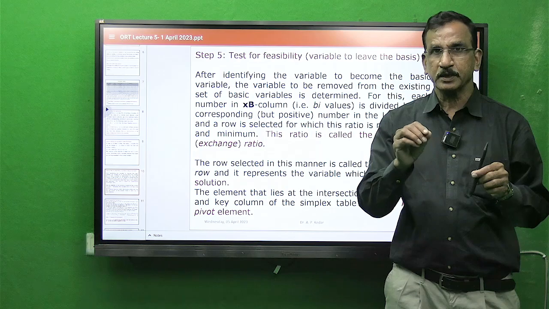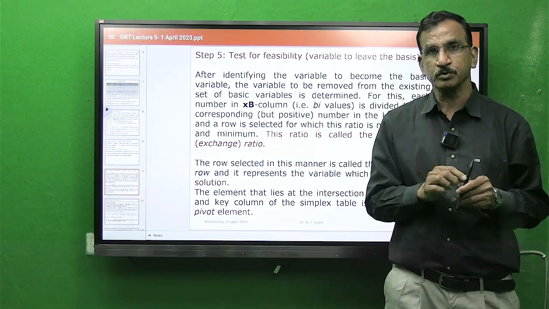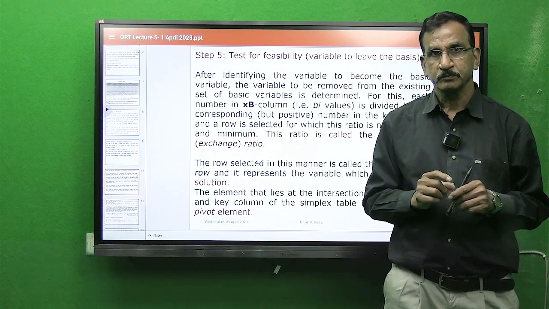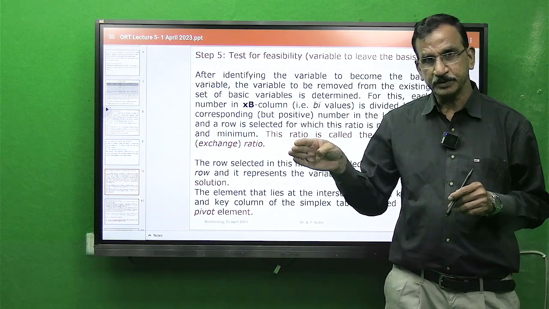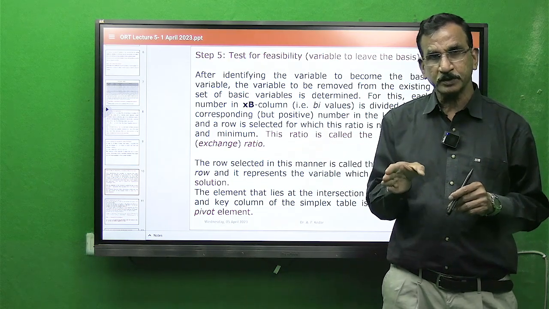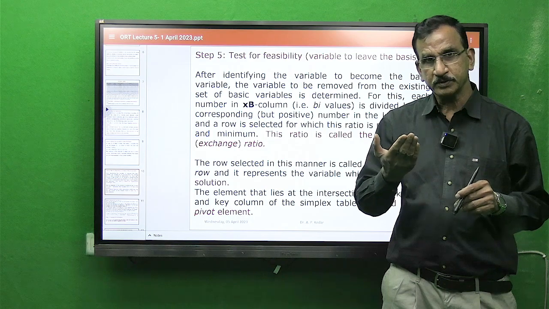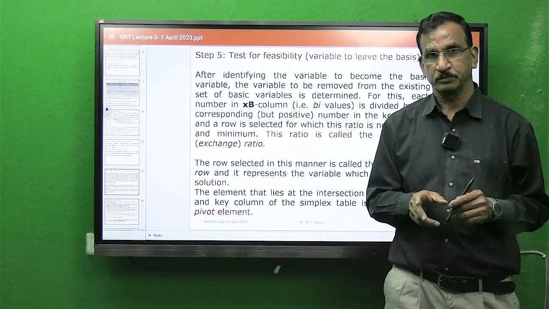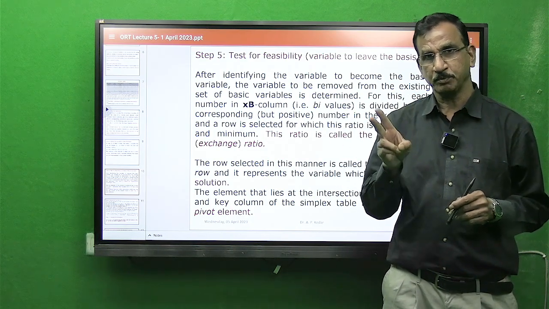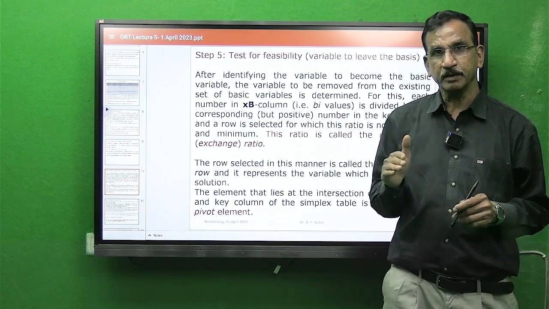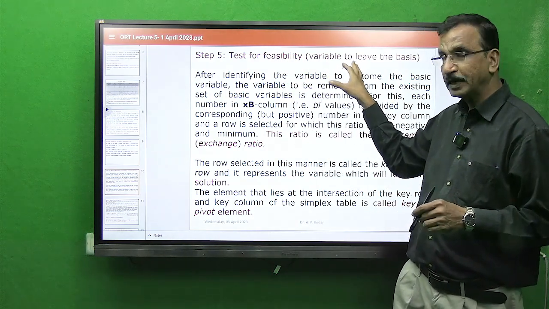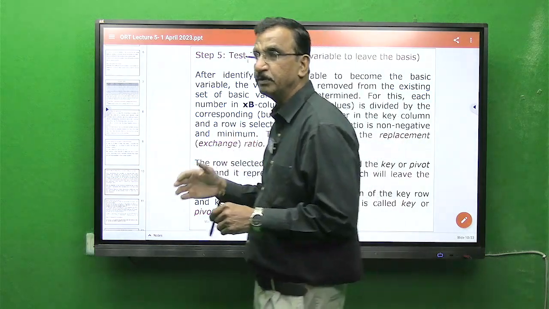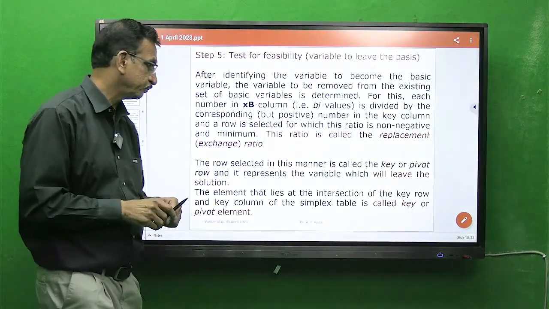Once you decide that your solution is not optimal, for improvising you have to find the variable which is likely to come into the picture and the variable which is likely to leave the solution. So these two aspects are important, that is the entering variable and the leaving variable.